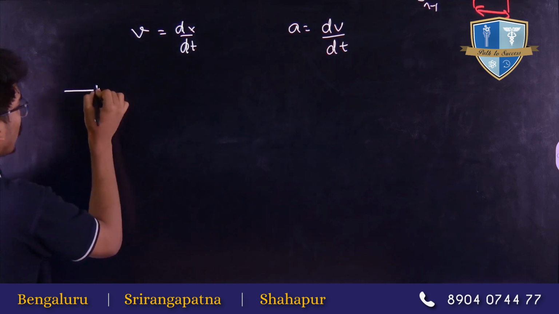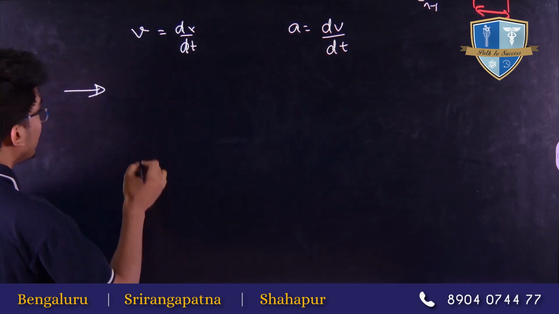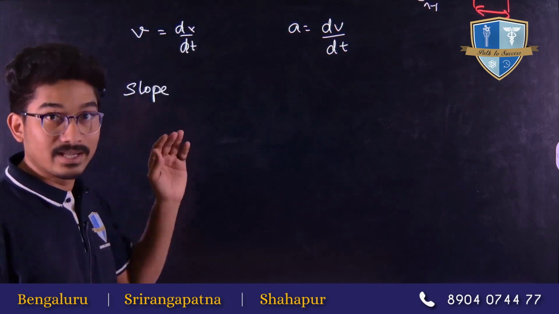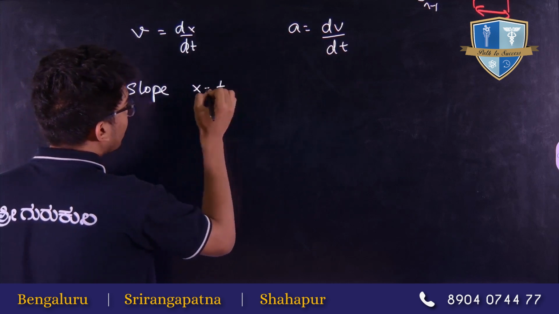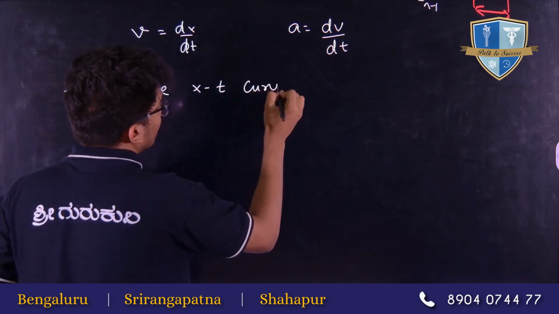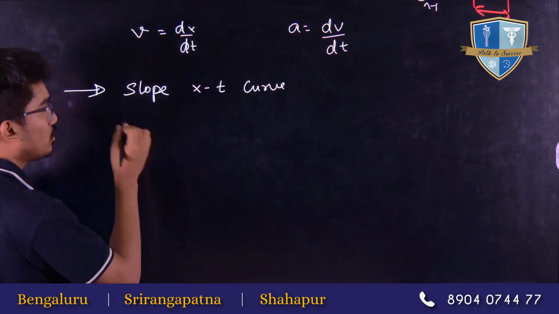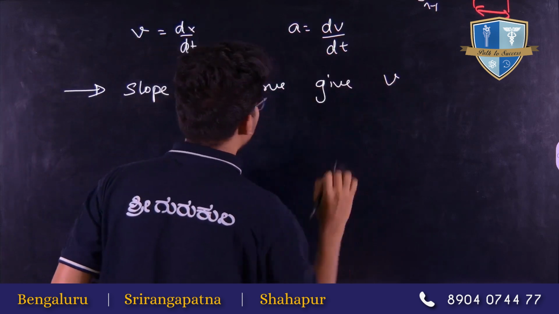So there are four golden rules, or four important lines, that you should remember. That is slope. This is important to understand the graphs of all the curves. See, slope of a displacement-time curve, that is dx by dt, gives us velocity. So slope of the displacement-time curve gives velocity.